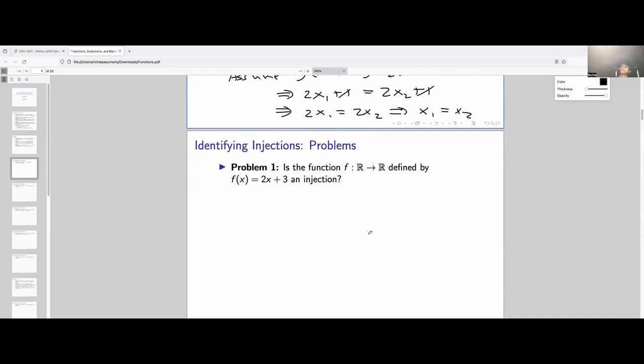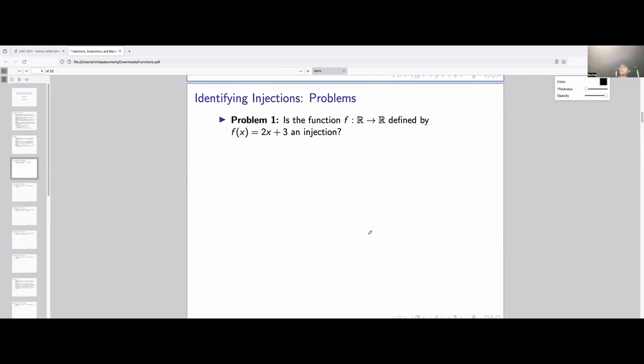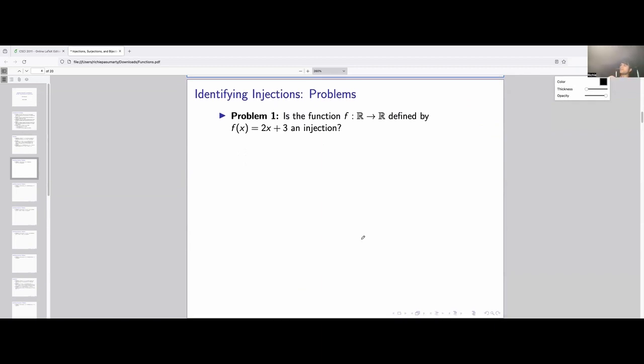So let's go ahead and look at a few examples and see if these functions are injective or not. Okay, so is this function injective? Let's just say, suppose f of x1 is equal to f of x2. And I'm not going to write it, but obviously x1 and x2 are from the set of real numbers.